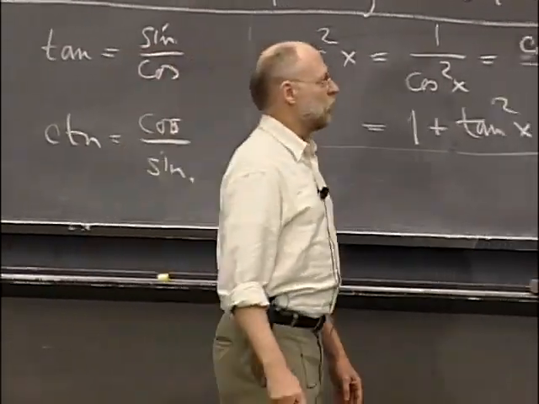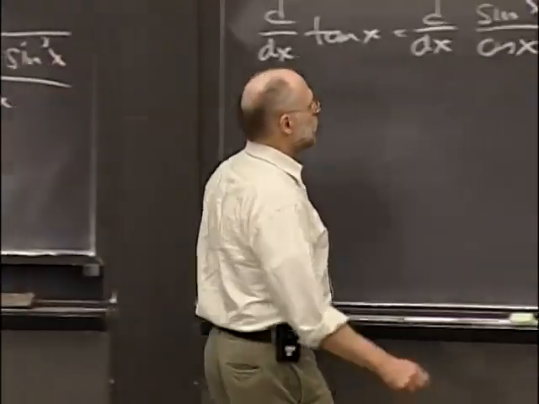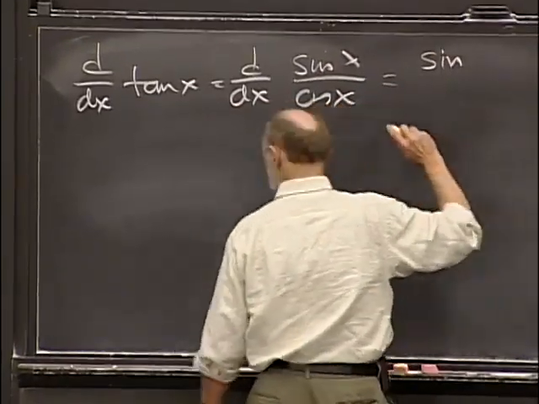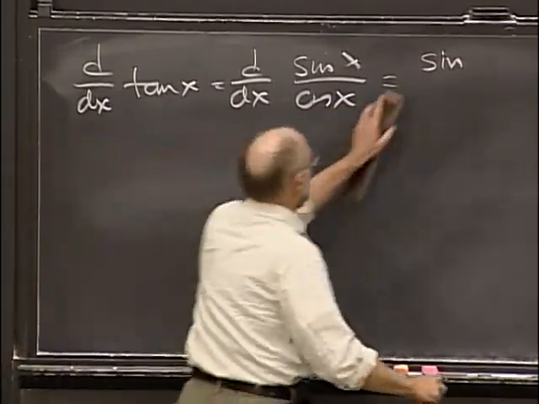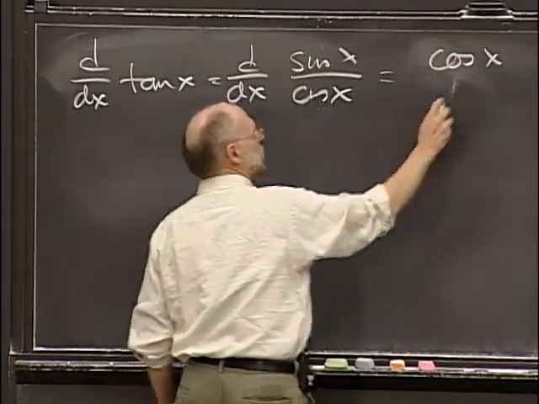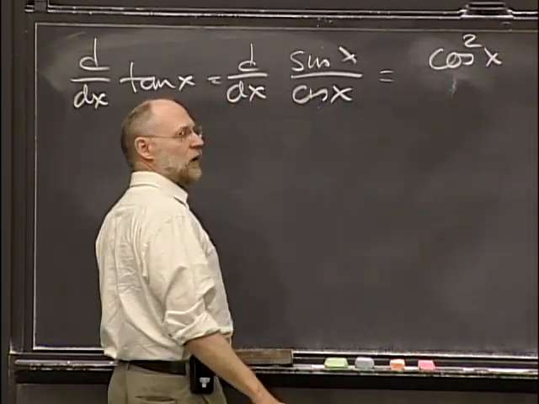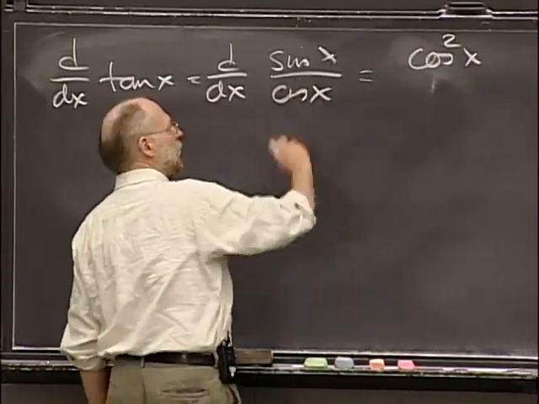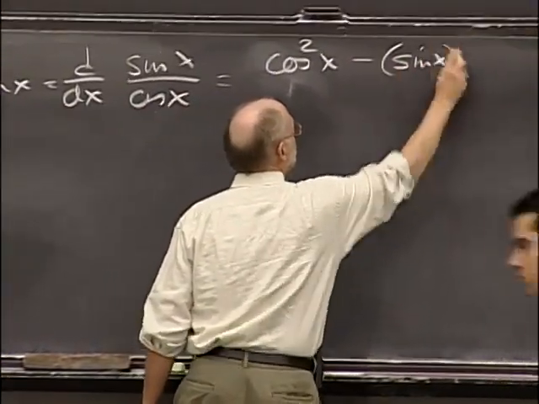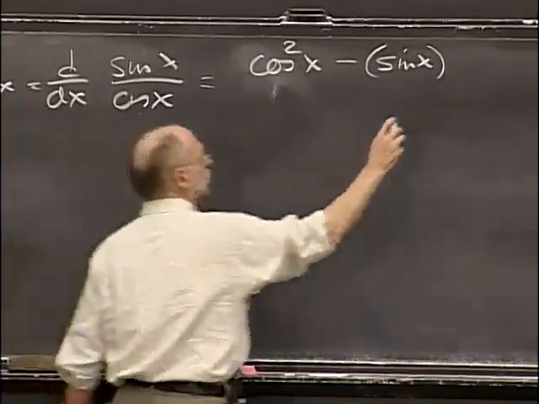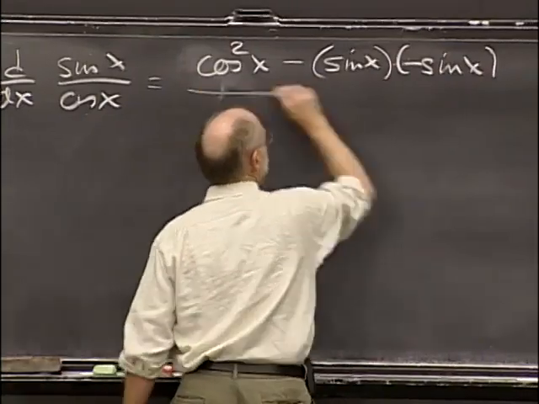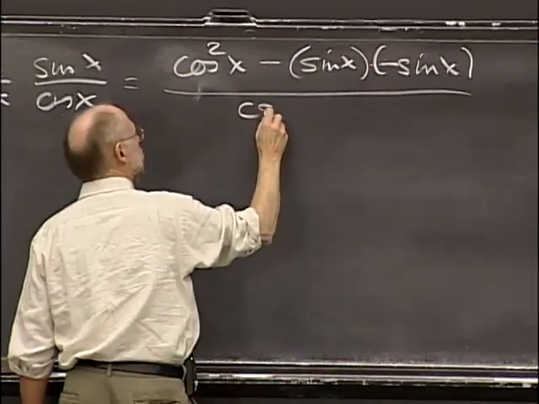You take the derivative of the numerator, which is cosine, and multiply it by the denominator, so that gives you cosine squared. Then you take minus the numerator and multiply that by the derivative of the denominator, which is minus sine of x. And you put all that over the square of the denominator.